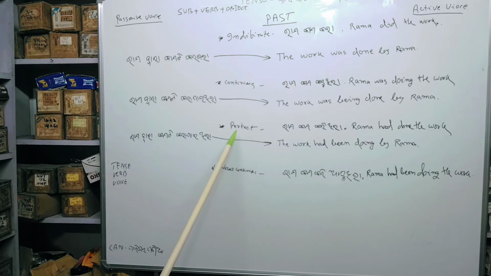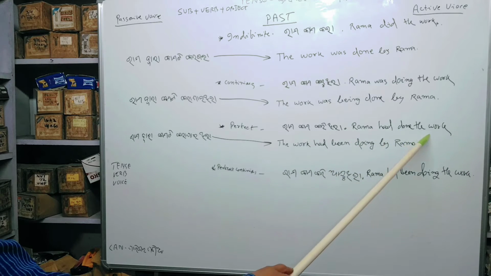Then we come to perfect, past perfect. In past, he was doing the work, and he has finished the work. So in past he had started, and in the past he had finished the work. So the sentence will be: Rama had done the work.